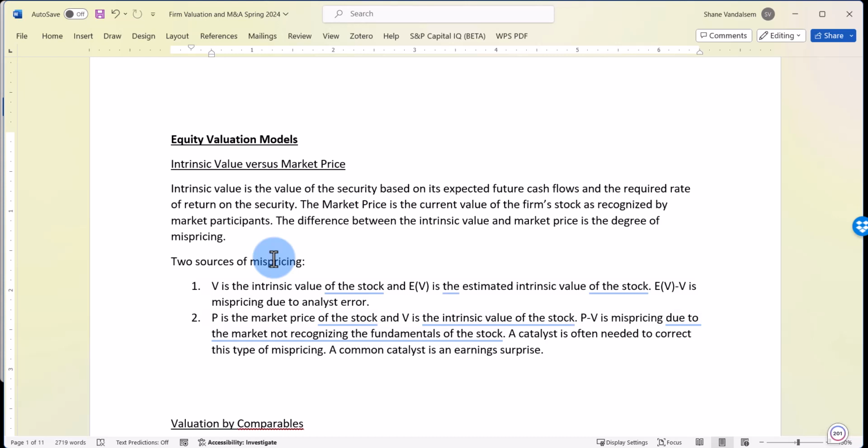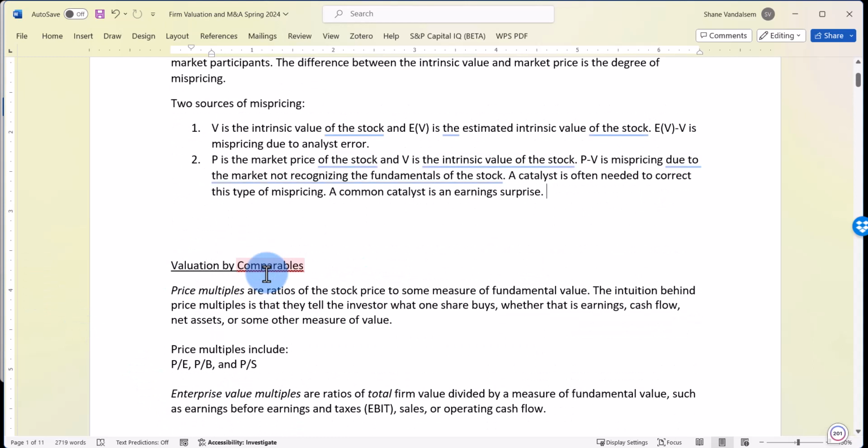We're going to talk about different valuation models, and the two I'm going to talk about in this video are valuation by comparables, and then we're also going to get into dividend discount model evaluation.